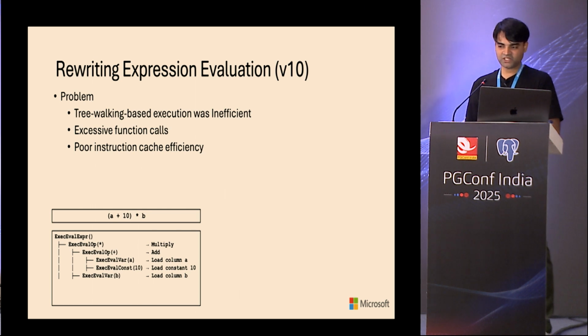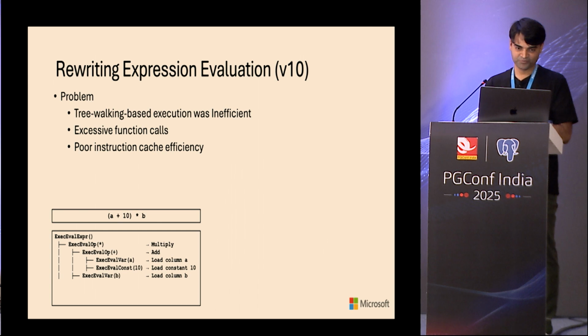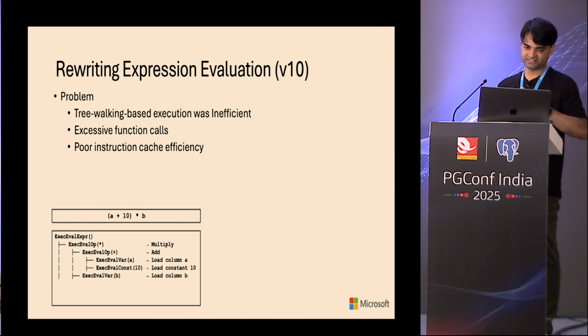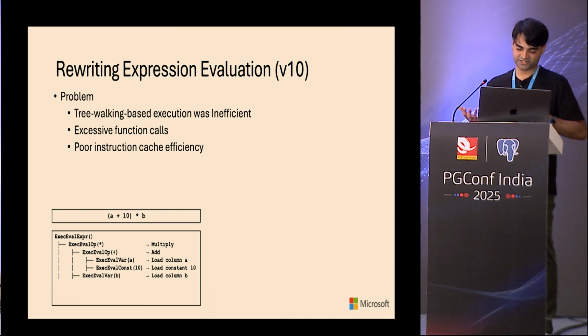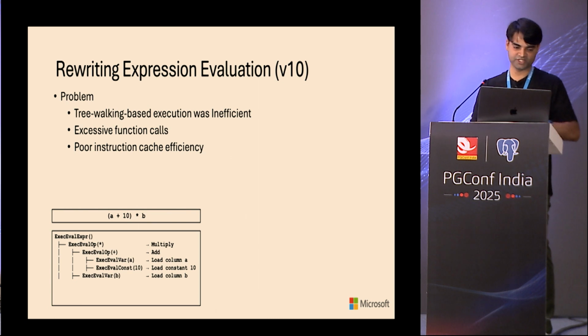So plans have expressions, so you have a where condition, and that where condition gets represented as an expression. And before version 10, these expressions can also be very nested. If you look at this expression, you have a tree. I guess you are familiar with how expressions are represented as trees.